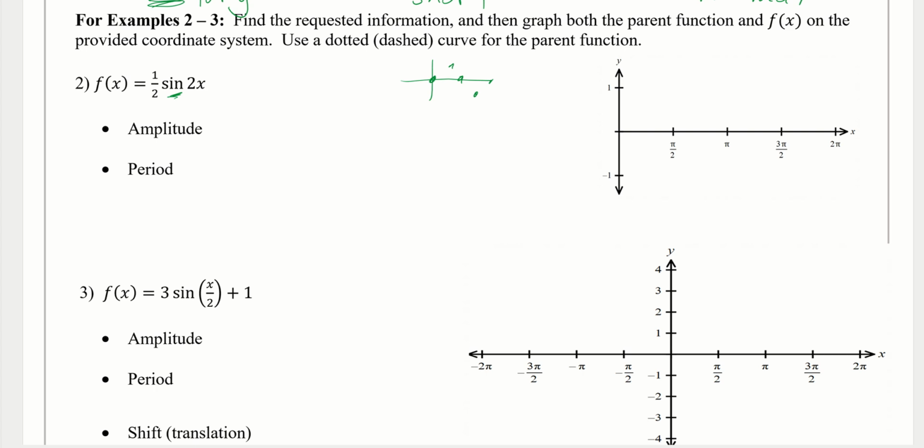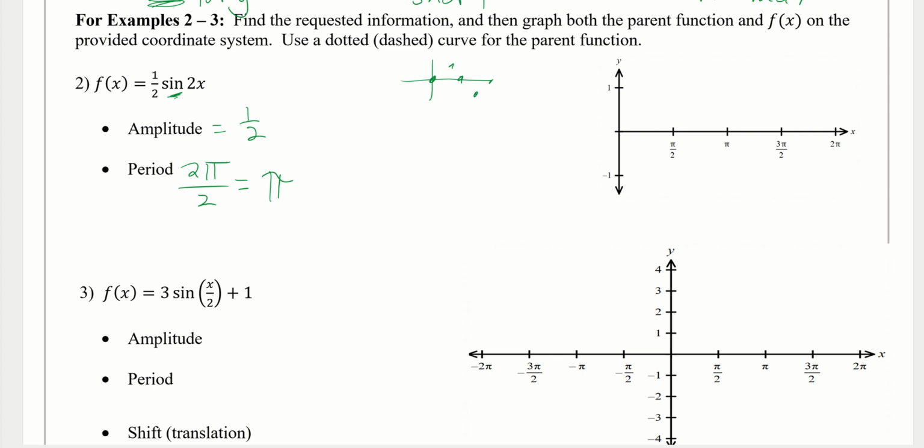That's the parent function for sine, as long as nothing else is changed with it. Whereas this one has some transformation. My amplitude is going to be the a value out in front, so my amplitude's 1/2. The period is going to be 2 pi over b. In this case, b is 2, so that is going to be pi. So it's going to shorten my period.